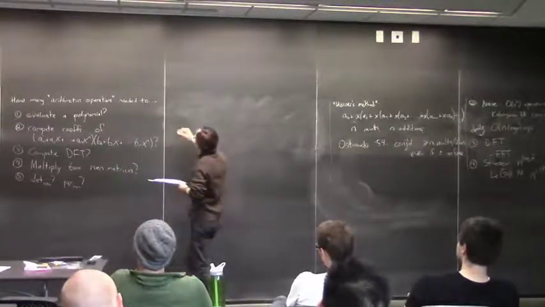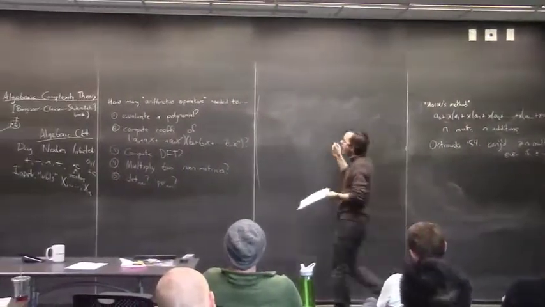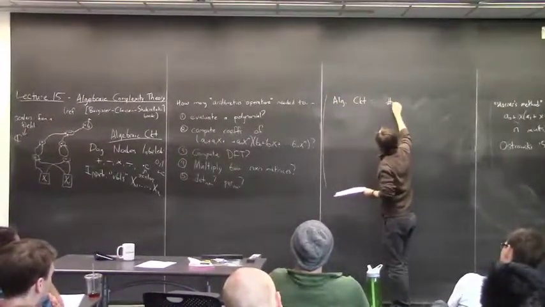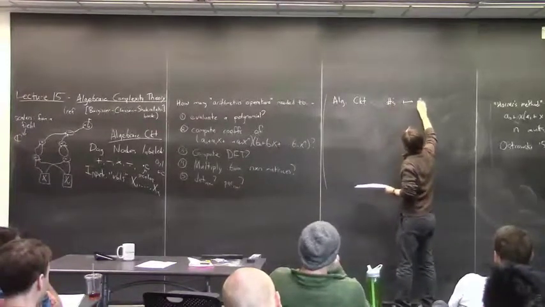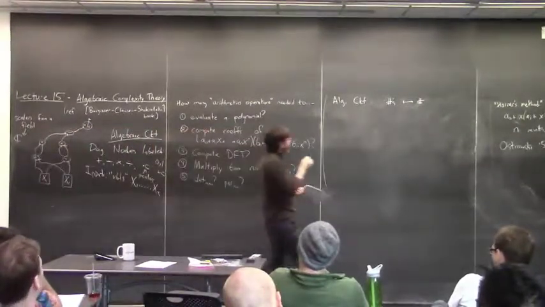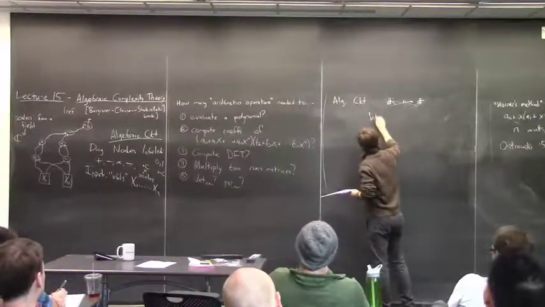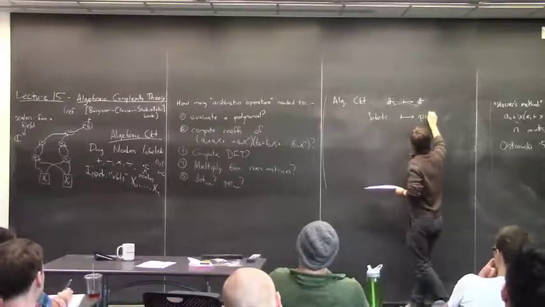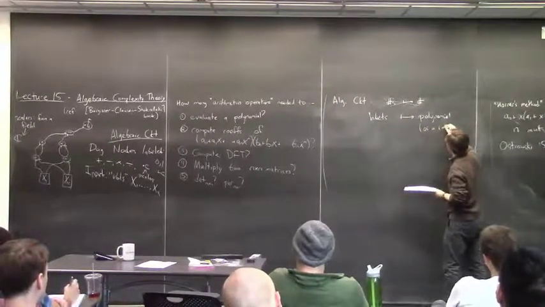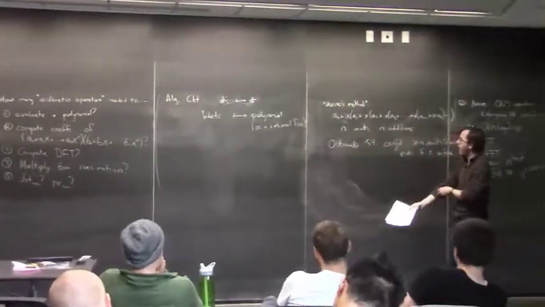But to motivate why it's okay, instead of thinking about an algebraic circuit as something that maps numbers to a number, like imagine plugging in complex numbers down here and evaluating the circuit, you should actually think about it as mapping variables or indeterminates into a polynomial in those indeterminates, or a rational function. A rational function is a ratio of two polynomials, which you can get if you have division.